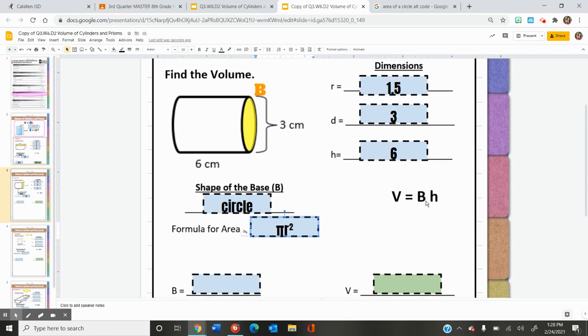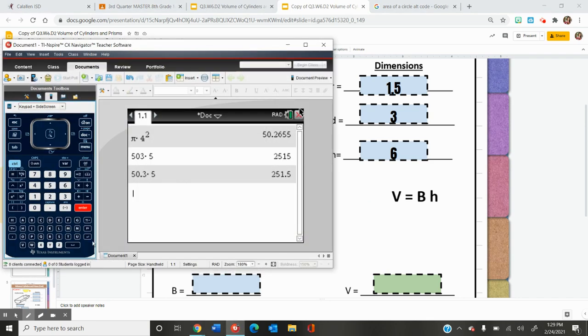Before I can apply anything to my volume formula, again, I need to find the area of my base. Now, I have the formula right there, which was pi r squared. I'm just going to go ahead and rewrite that. So I have pi times my radius was 1.5 squared. So coming down here to my calculator, I'm going to enter in pi times 1.5 squared.